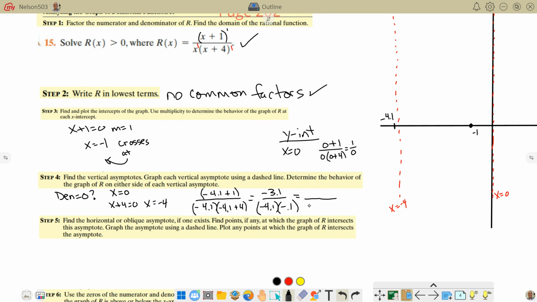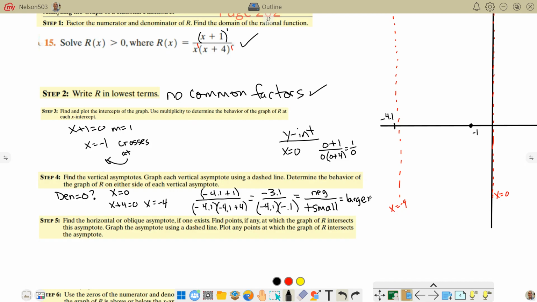I'm just going to put a positive small down here, okay? I don't really care that it's negative 0.41 because I'm really not going to do any more arithmetic. I'm just trying to figure out, is this going to be a positive number or a negative number? And you see that I've got a negative in the numerator. So if I take a positive small into a negative, I get a large negative.